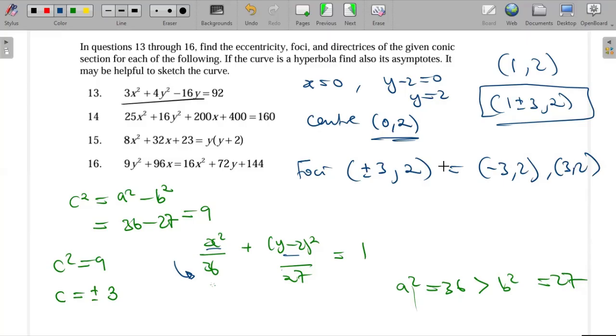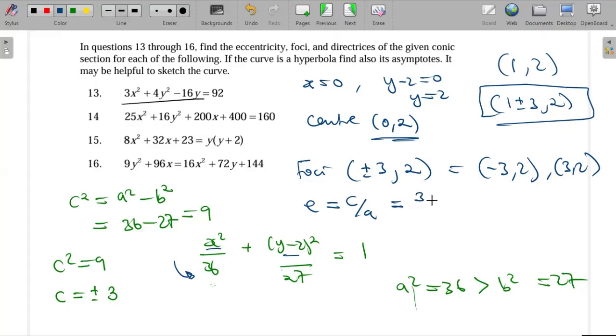What else do you have to find? You found your center and your foci. You also have to find the eccentricity, and we also have to find the directrix. So eccentricity is given by e equal to c over a. Your c you found to be 3, you take the positive one.